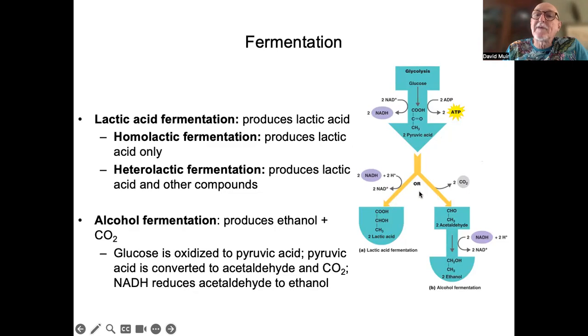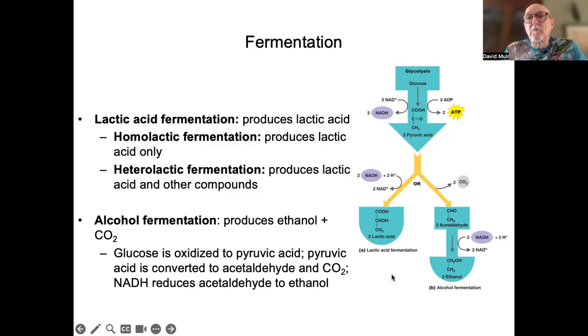Whichever pathway they use, we're going to oxidize NADH and produce NAD plus. And we're going to use all of the hydrogens derived from that to produce another compound, a reduced form of pyruvic acid. It depends very much on which organism you're talking about.